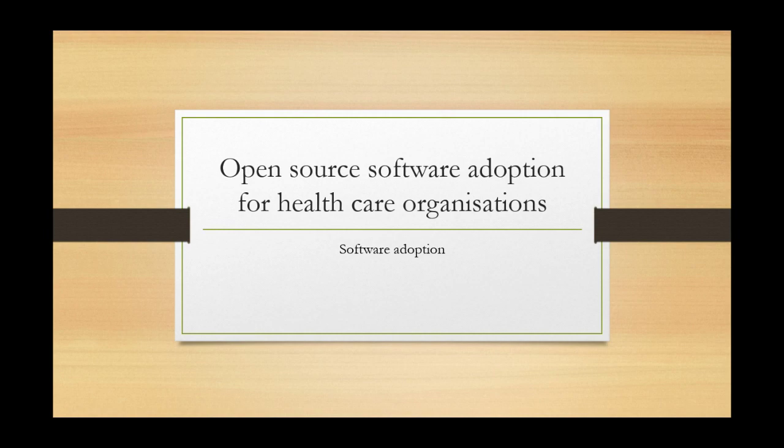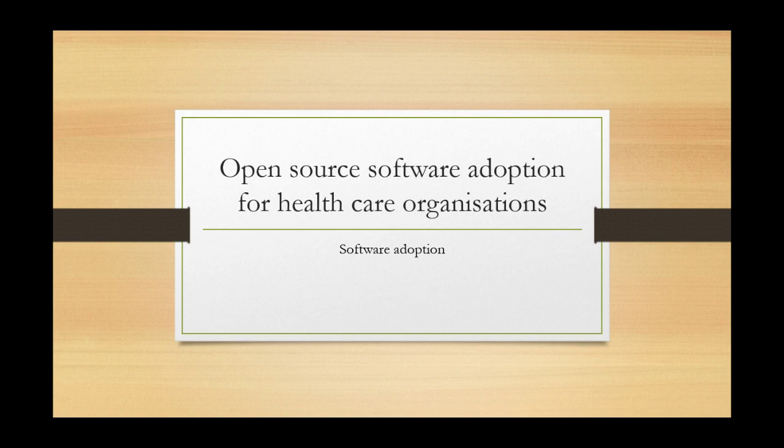Speaking of software adoption, it means the transfer or conversion between an old system and a target system in an organization. If an organization has an old system, it reaches a point where it doesn't want to use that system and wants to use a new system. The old system could be a computer system or a manual system.